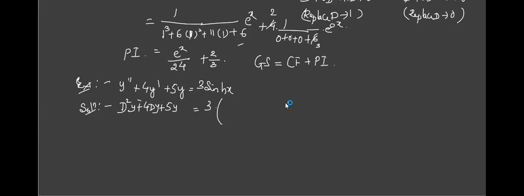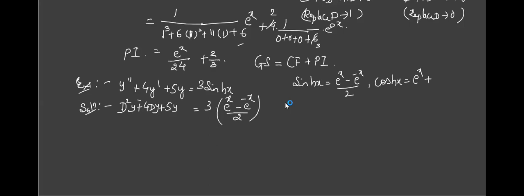Do you know what is sine hyperbolic x? It is in the form of exponential: e raised to x minus e raised to minus x, divided by 2. Remember these two: sine hyperbolic has a minus in between, and cos hyperbolic has a plus in between.